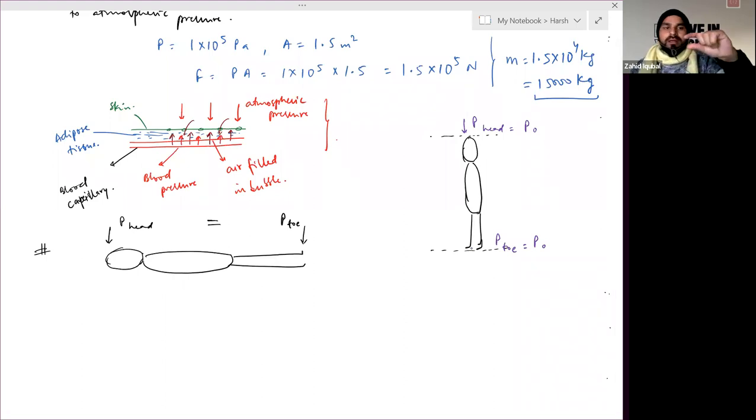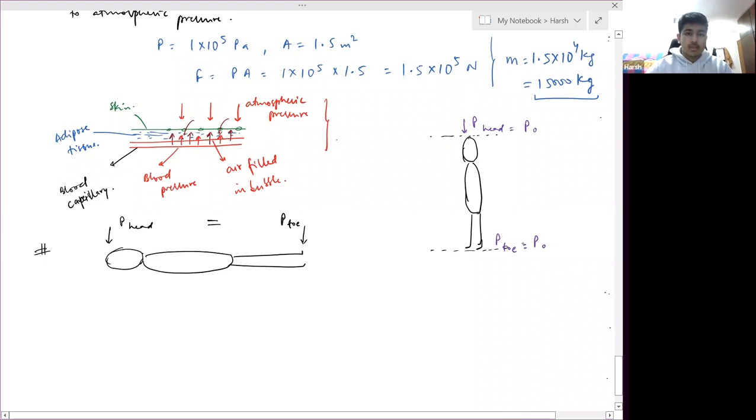I'm just calculating at any point on the toe. There will be blood capillaries connected all through the body, forming a vertical column which exerts pressure on that surface. So next will be pressure due to the blood column exerting some pressure at that point.